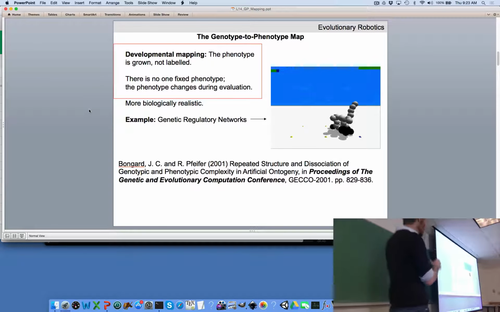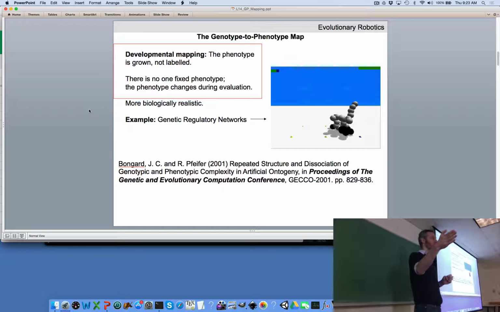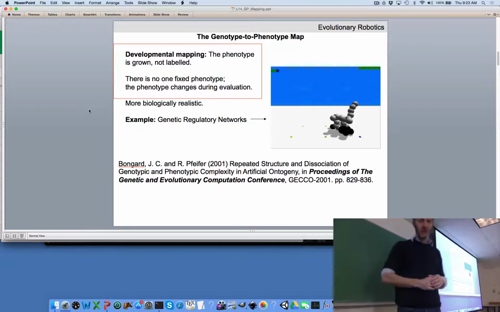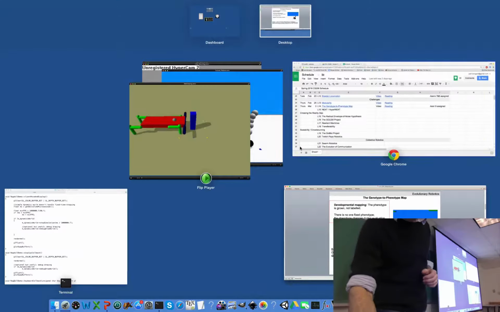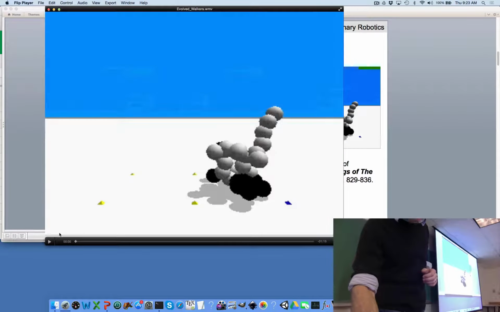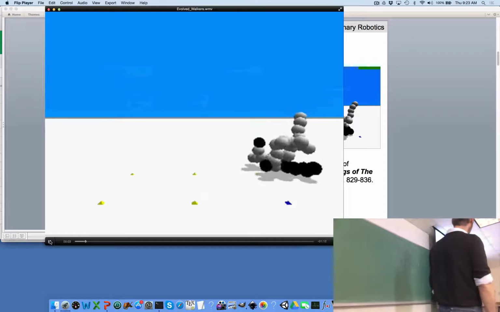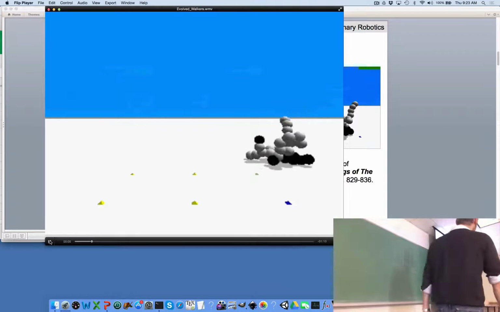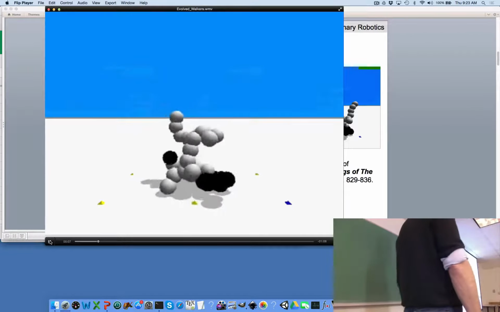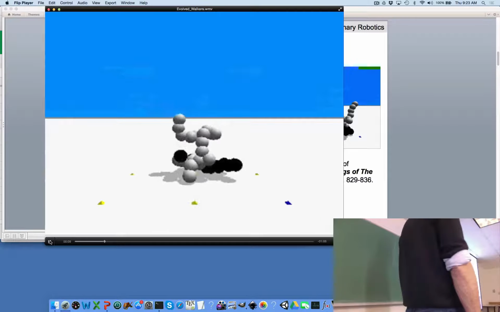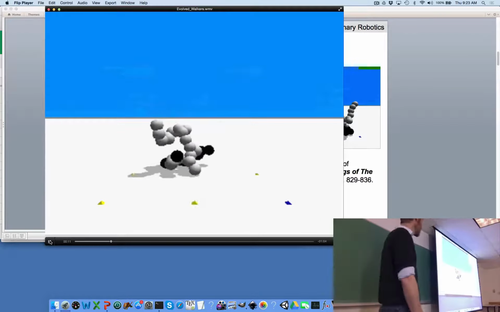So it's a set of instructions that dictate how to change something into something else. In our case, it's how to change a single-celled organism into a fully formed adult organism. In the developmental mapping that we're going to talk about now, the mapping dictates how to grow a robot made up of cells from one cell into a collection of multiple cells.